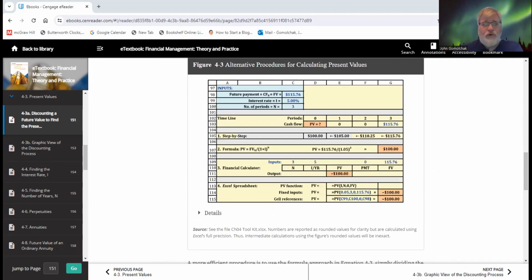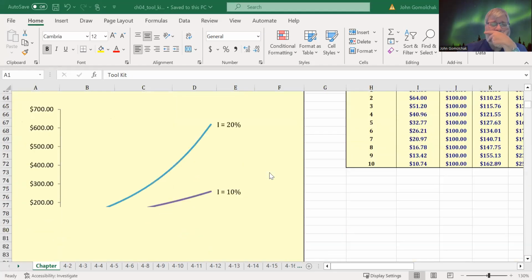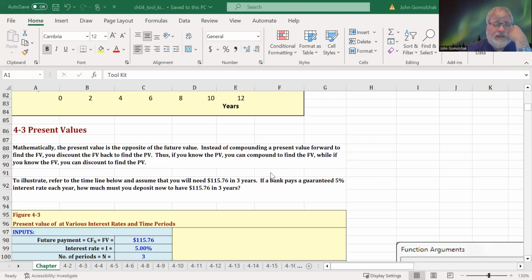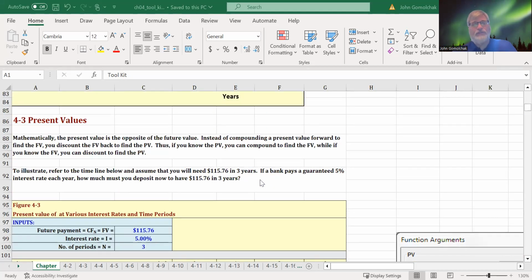I will now stop sharing and share the worksheet that they give us in the book. All the things we talked about. So now we're talking about present values, which is part of the textbook at 4-3.